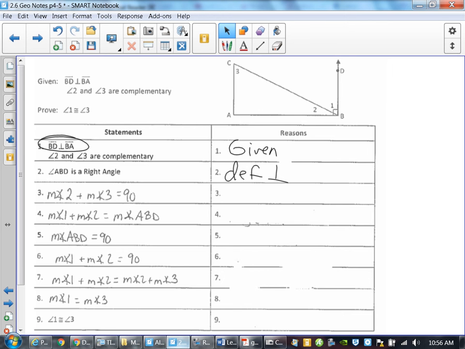Now they're skipping back to the complementary. They said that 2 and 3 are complementary, so why do angles 2 and 3 add up to equal 90? Because of the definition of complementary. Very good. See, I gave you a compliment on that.